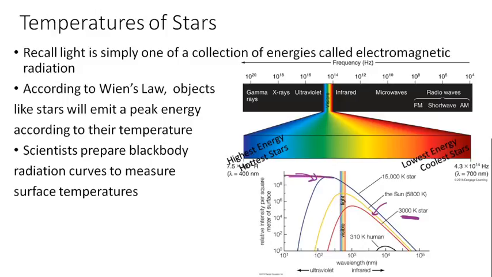The peak is a lot higher for the hotter star, and the peak for the hotter star is farther over here in the shorter wavelength. And shorter wavelength means more energy. It all makes sense to me, I think. The cooler star peaks over here at longer wavelengths, cooler temperatures. I think that's pretty cool.